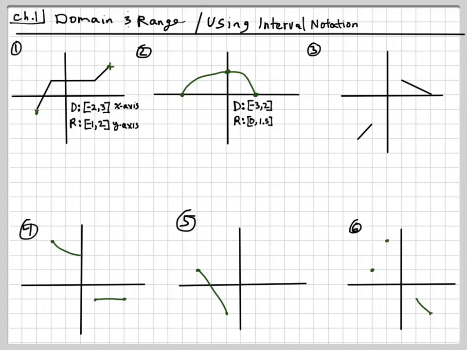Let's start with this segment over here on the left side. The smallest x value is the point that is furthest to the left, which is right there, and that has an x value of -2.